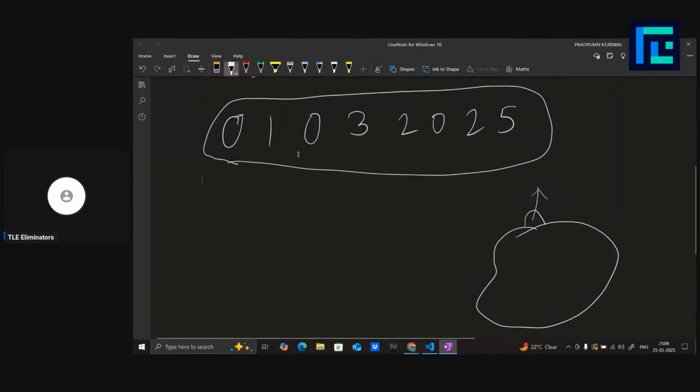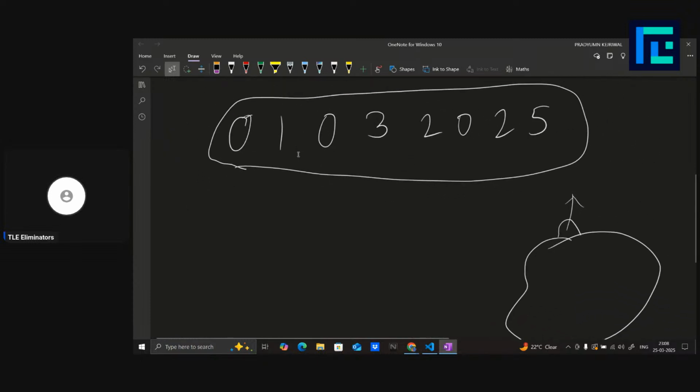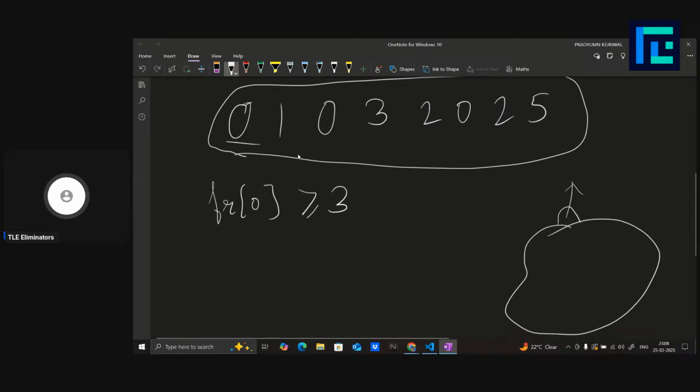What is the condition for making a date? Basically, the number of times that you have picked 0 should be at least 3, right? So the frequency of 0 up till now that we have picked should be greater than or equal to 3, because we need this 0 and this 0.